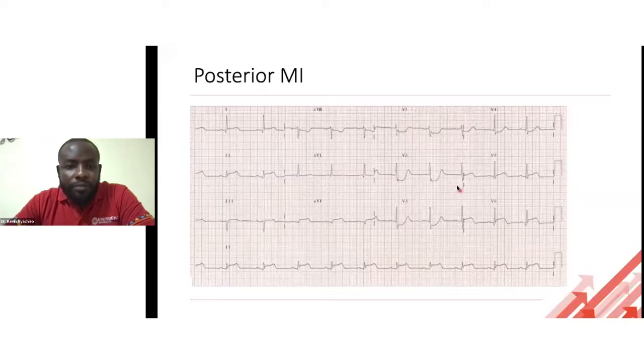They're designed to be missed if you don't know what you're looking for. This is how it looks: you get ST depressions in V1, V2, V3, and when you change your ECG leads to the posterior, what we call V7, V8, V9, this depression becomes an ST elevation, okay? Posterior myocardial infarction.